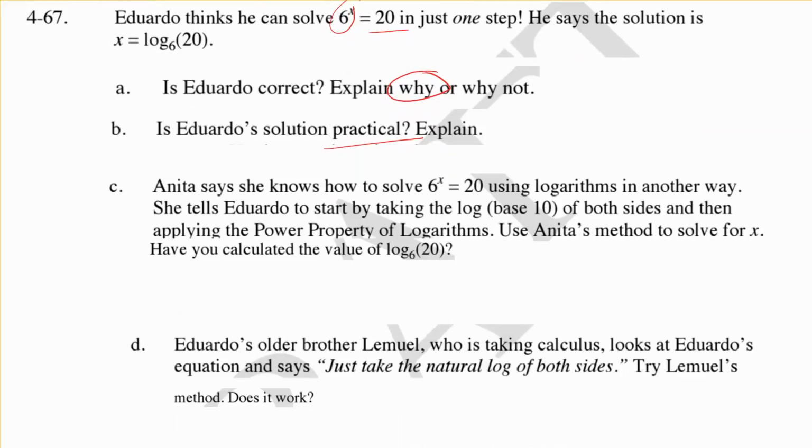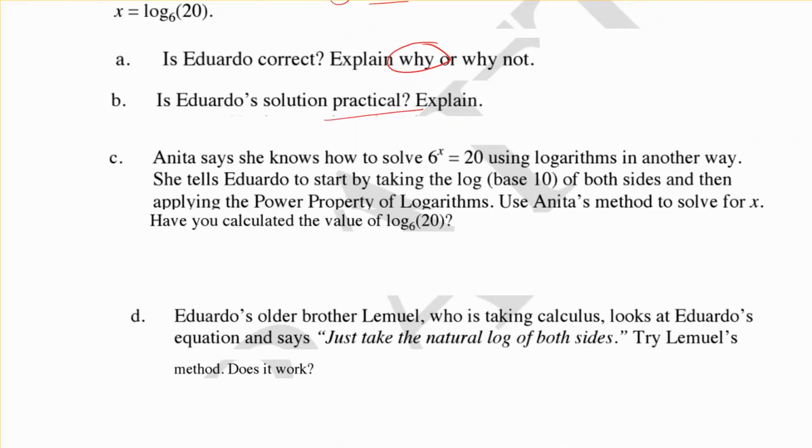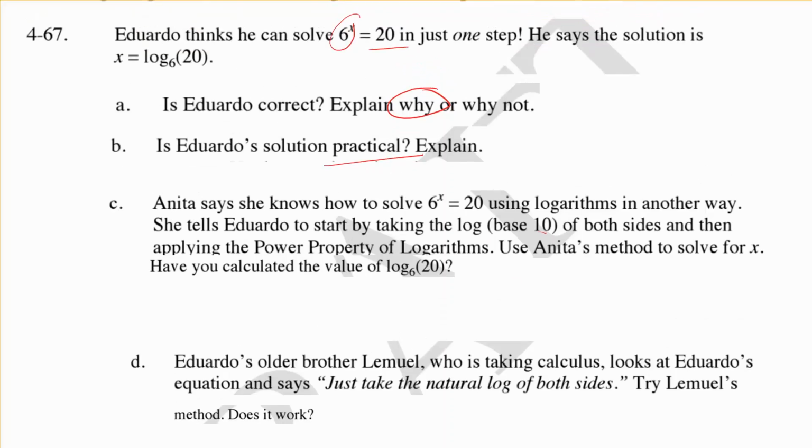Anita says she knows how to solve 6 to the x equals 20 using logarithms in another way. She tells Eduardo to start by taking the log base 10 of both sides and then applying the power property of logarithms. Let's try Anita's method. So we've got 6 to the x equals 20.